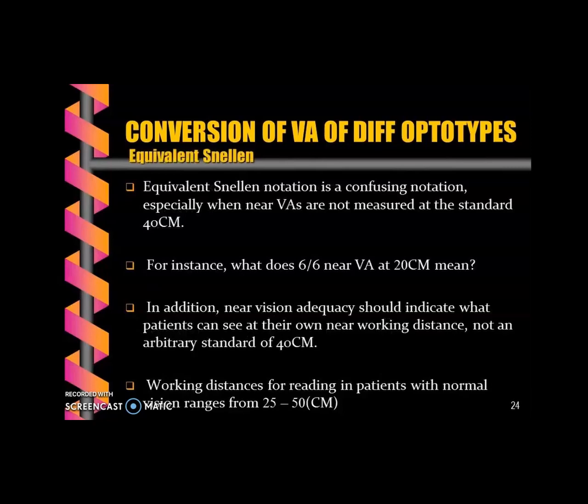Working distances for reading in patients with normal vision range from 25 to 50 centimeters, just like we said before. So there is a range, because there are people with shorter arms, there are people with longer arms. So an arbitrary 40 centimeters is not ideal for all patients.